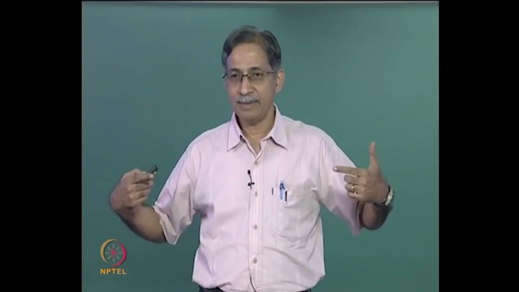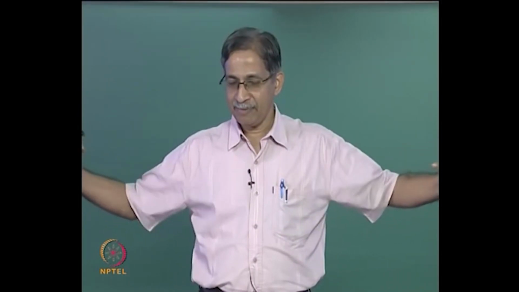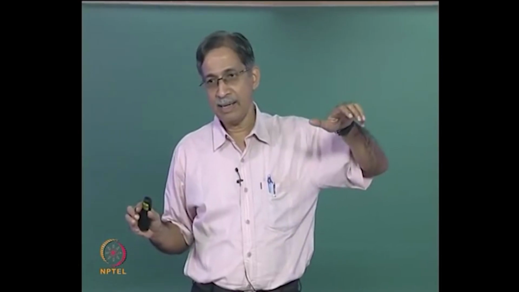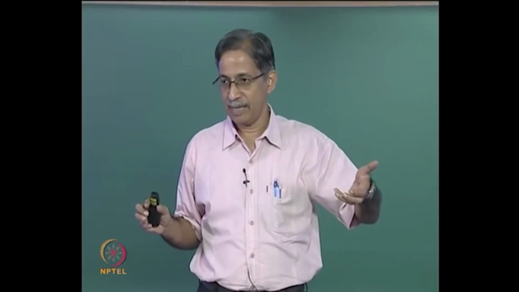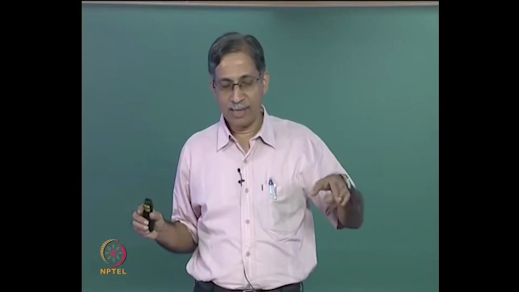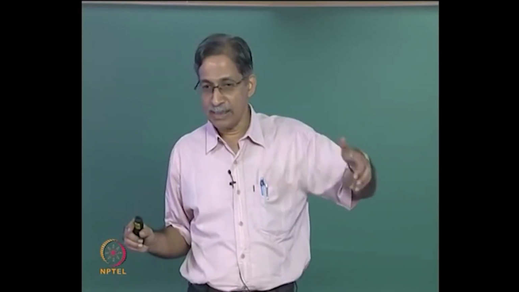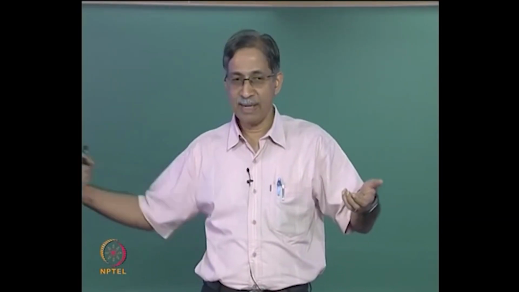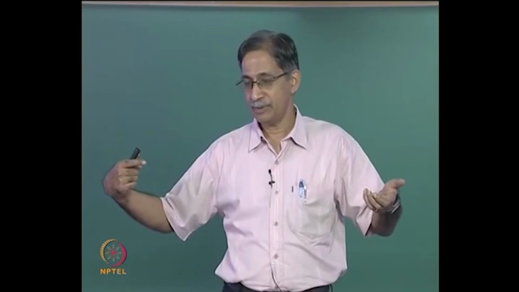So listen carefully. If I have a simply supported beam, I apply an end moment here MA, then if I want a unit rotation, the moment that I need to apply here is going to be 3EI by L if my axial force is 0.